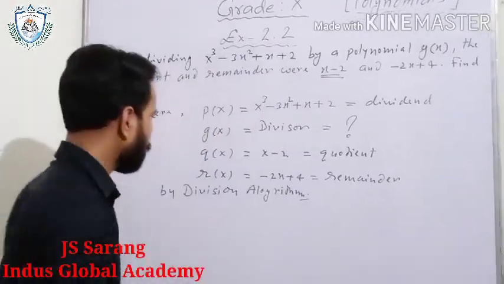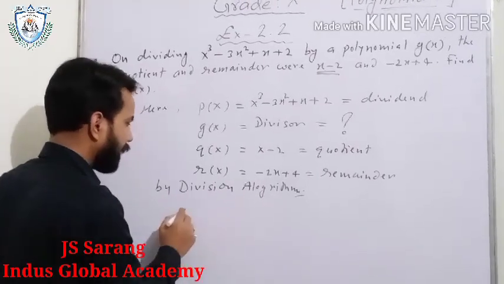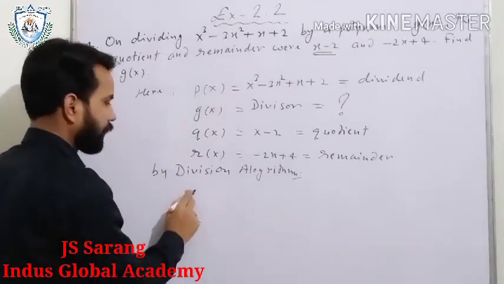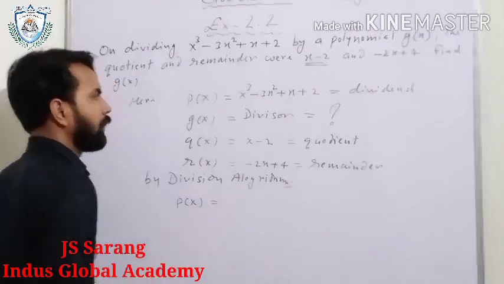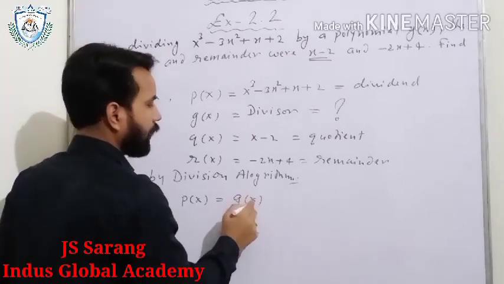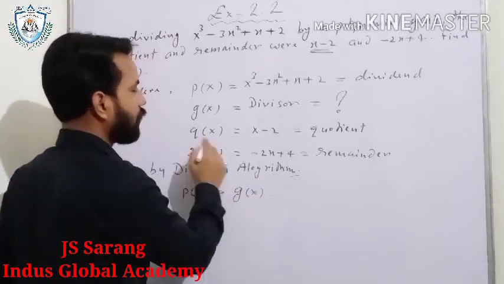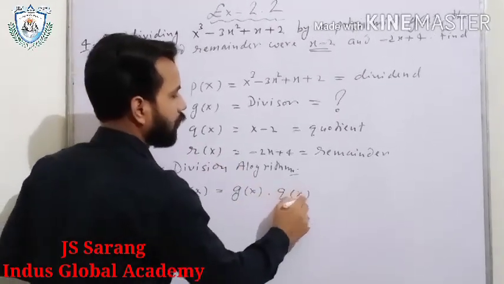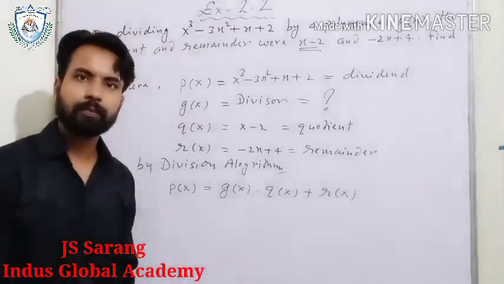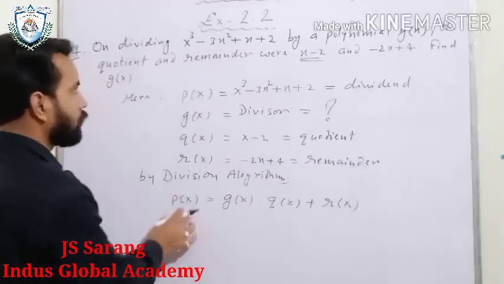So by using the division algorithm, the dividend is p(x), equal to the divisor g(x) into quotient q(x) plus remainder r(x). Got it?